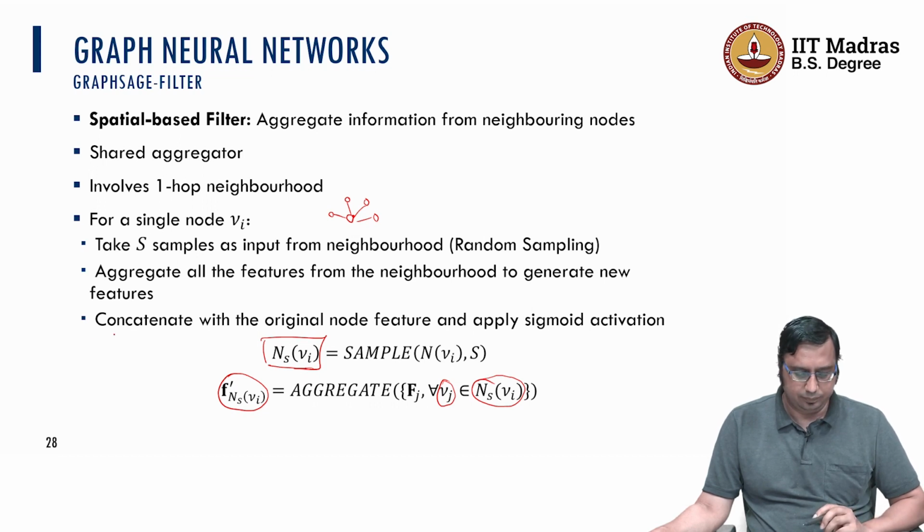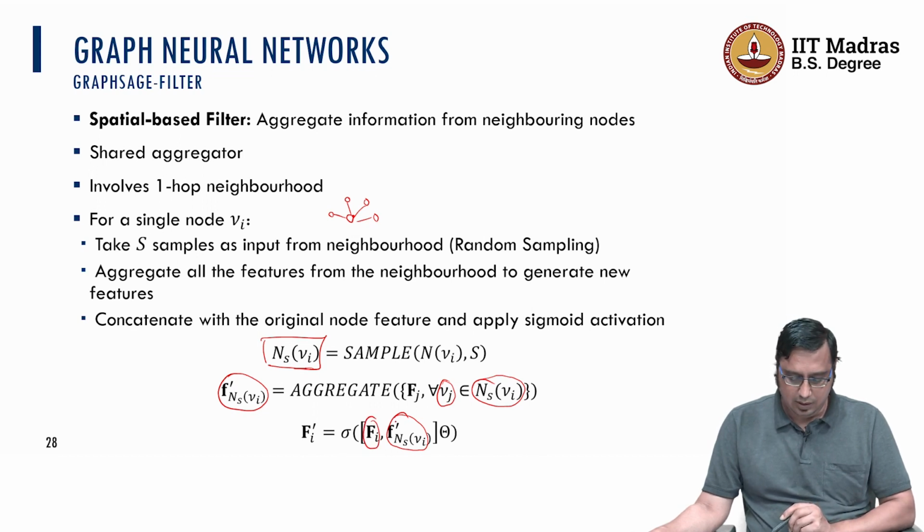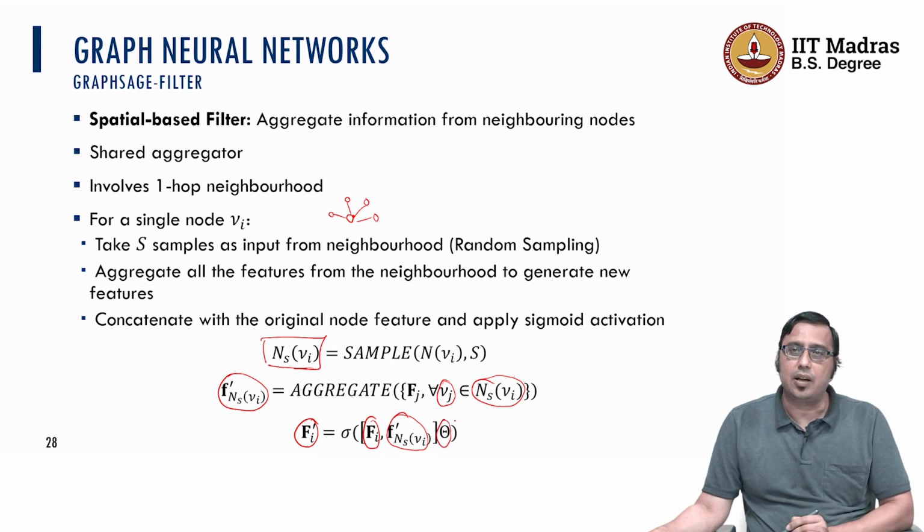Once I have this, I'm going to concatenate the filtered or newly generated features with the existing feature of my node Vi and apply a sigmoidal function to generate the output or updated feature for my ith node, which is f dash. Here I have to learn this parameter theta, which is unknown.